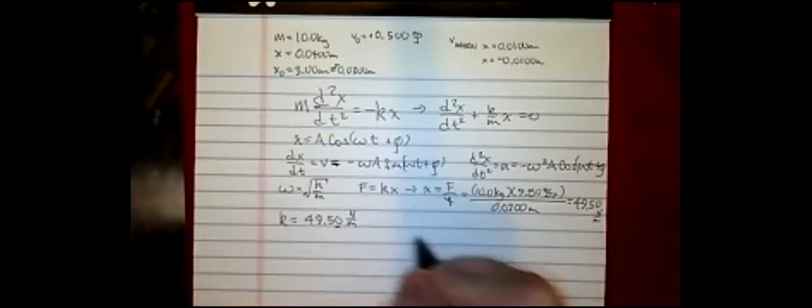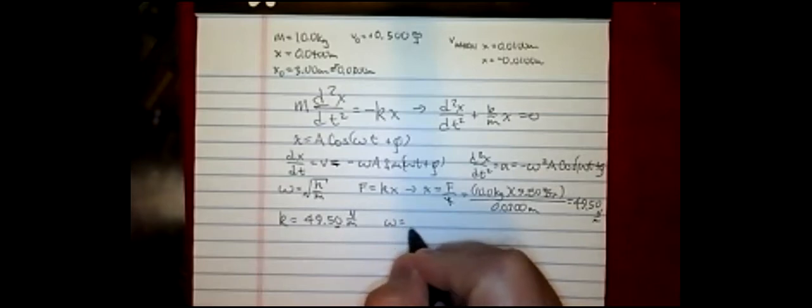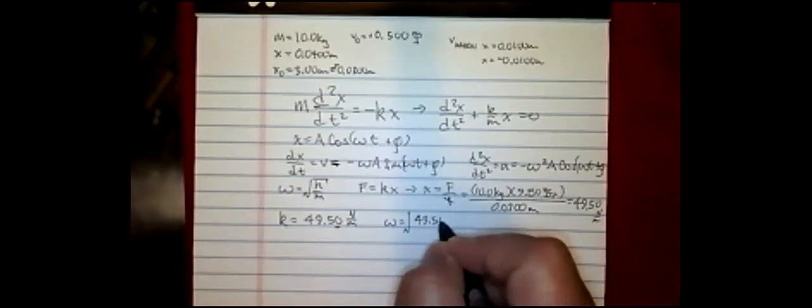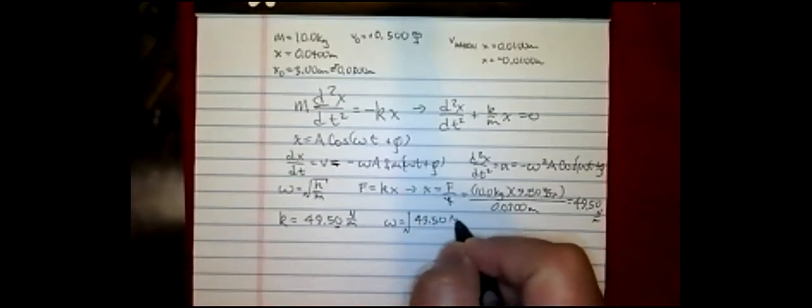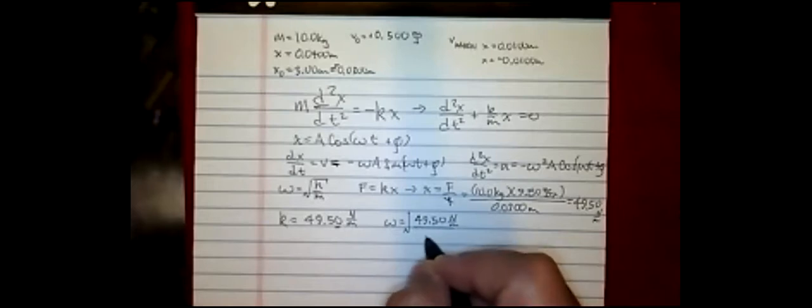Now that I have that, I can compute omega, which is equal to the square root of k over m, so that's 49.50 newtons per meter over m, which is 10.0 kilograms. And you see what happens here is the newton is a kilogram meter per second squared.